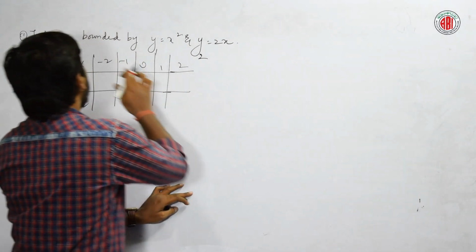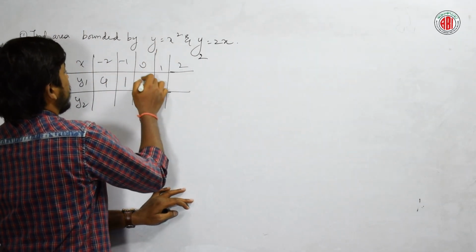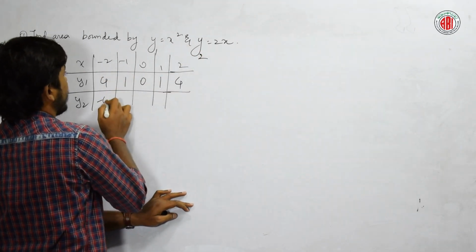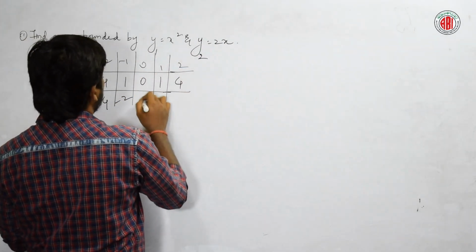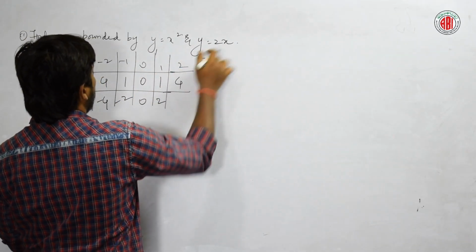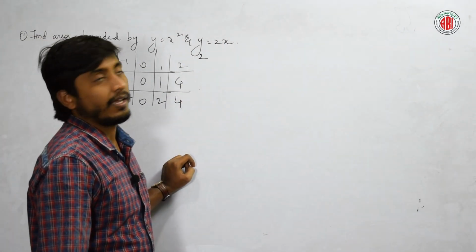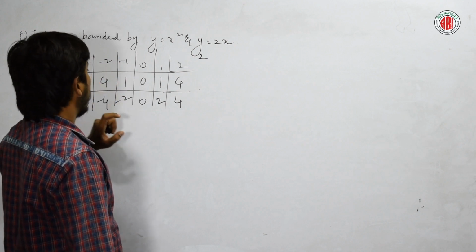Minus 2 square is 4, minus 1 square is 1, 0 square is 0, 1 and 4. What about this? Minus 4, minus 2, next 0 into 2 is 0, 1 into 2 is 2, 2 twos are 4. Is it clear? So, directly we can plot it.